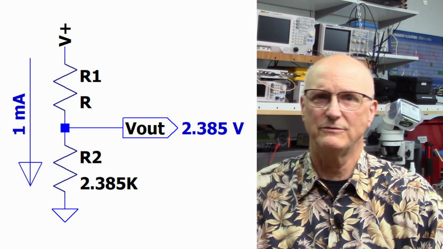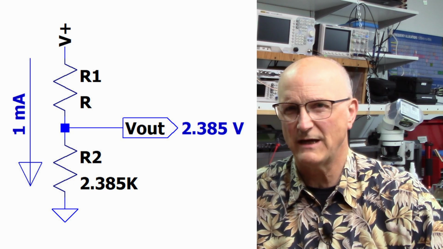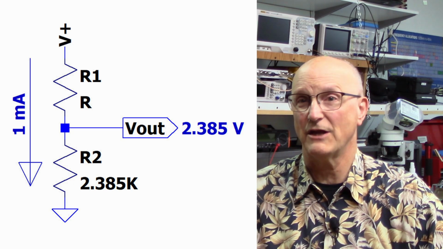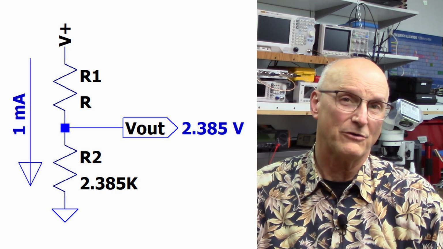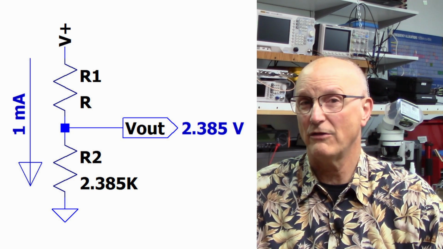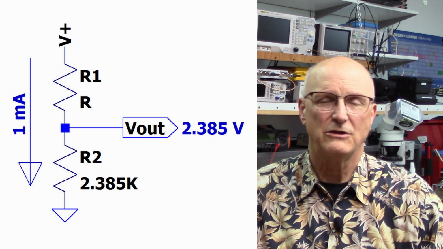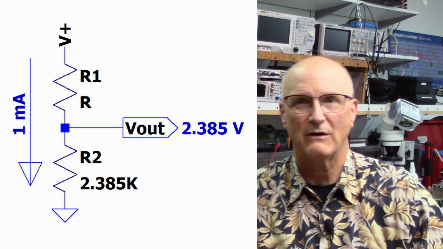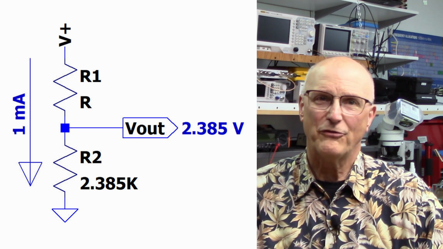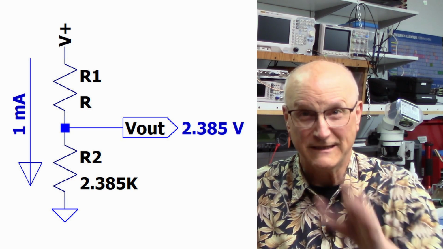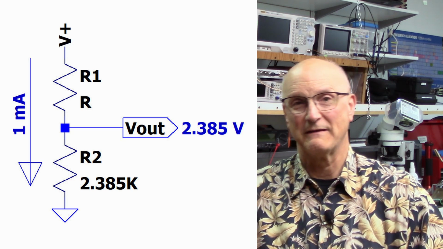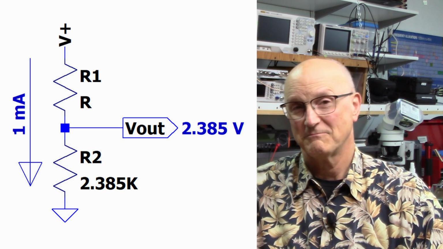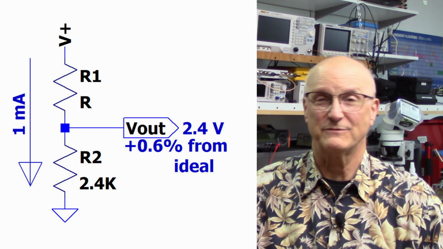Now, we peruse the list of standard 1% resistor values to find the closest available value, and we find that there are two of them that are pretty close, 2.37K and 2.4K. Well, go figure, 2.385K ohms is dead center between the two possible choices. So I choose 2.4K ohms.